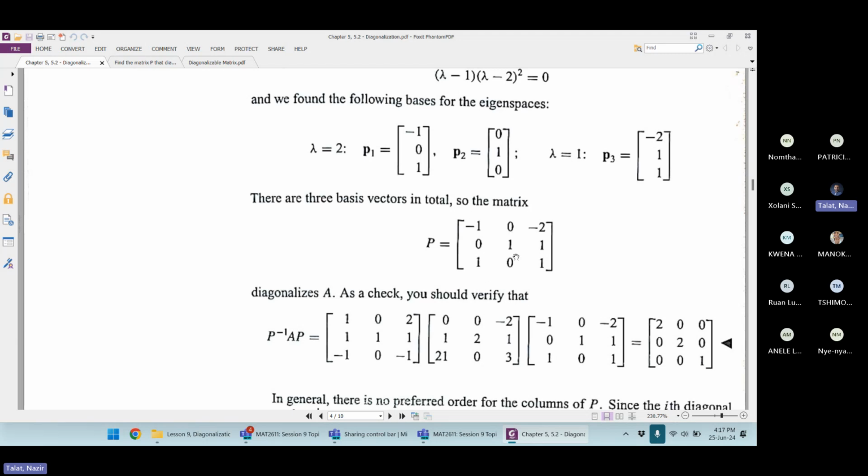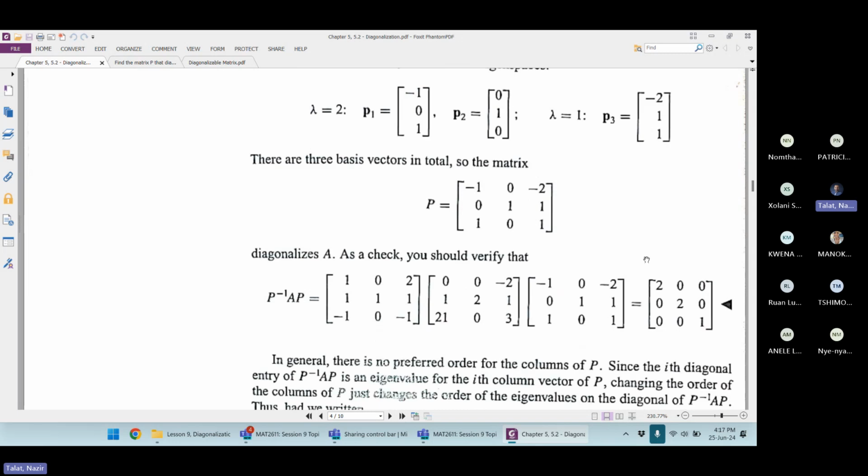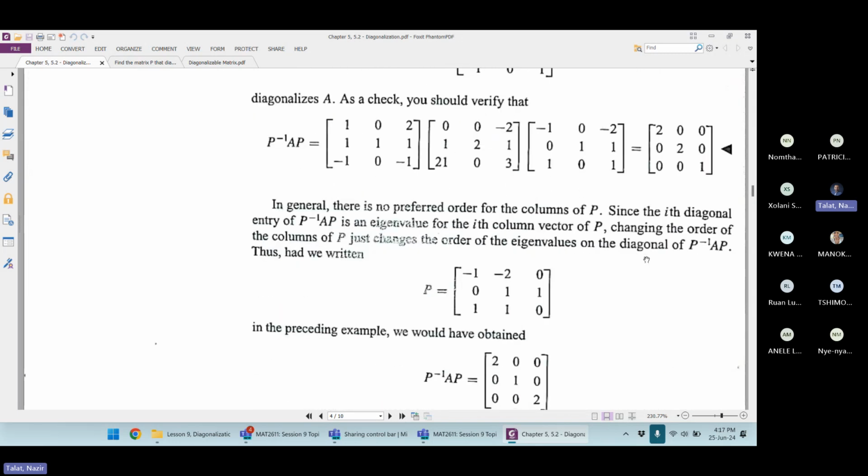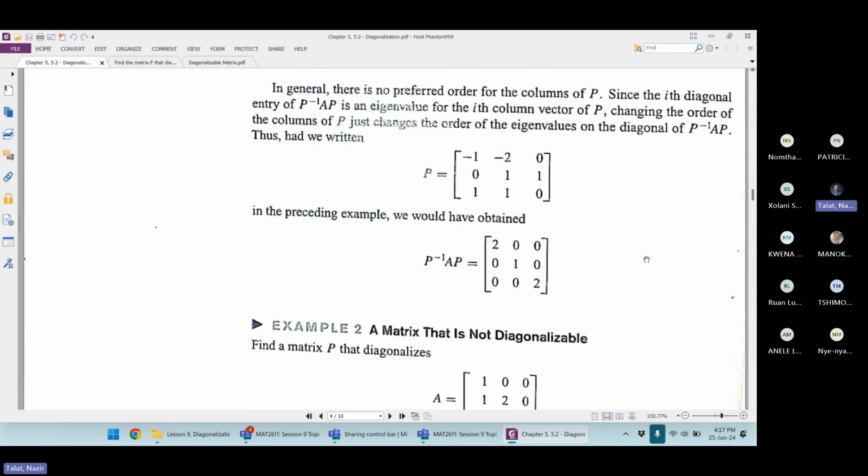It means P will not always be unique. P can have its columns in any order. But if you interchange them, then the eigenvalues will also interchange here. So this gives us an important relation: P inverse A P gives us D, where D is a diagonal matrix.